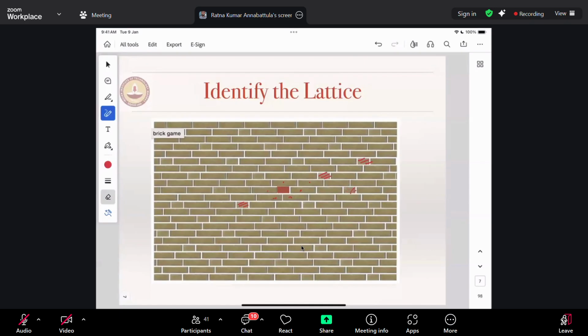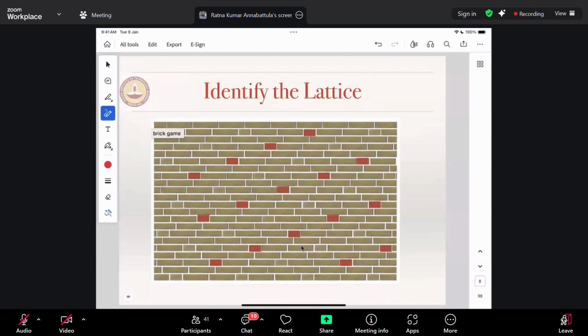So I cannot take that. Now next I am trying to identify a similar point. Is this a similar point or not? Yes, that is similar. So let us try to identify all such points.